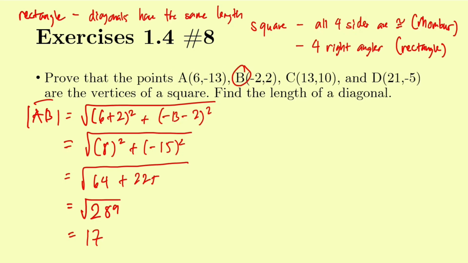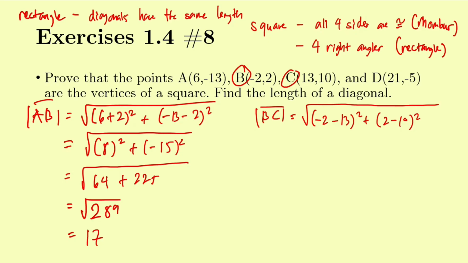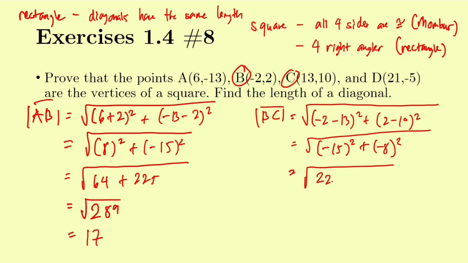For side BC, let us use the same distance formula. Negative 2 minus 13 squared plus 2 minus 10 squared. And that's equal to negative 15 squared plus negative 8 squared. That's equal to square root of 225 plus 64.